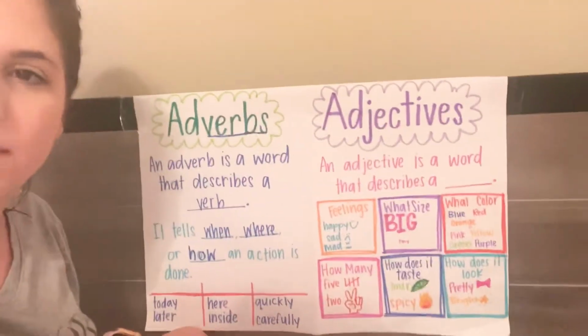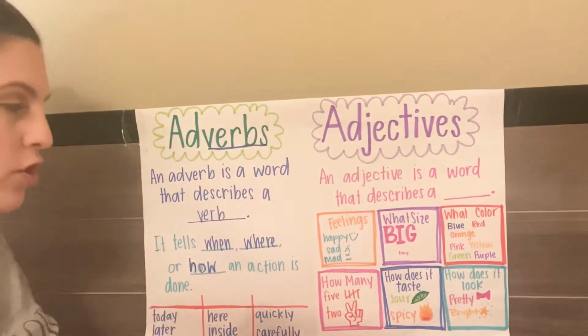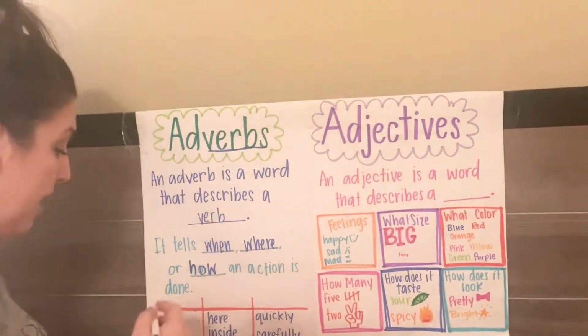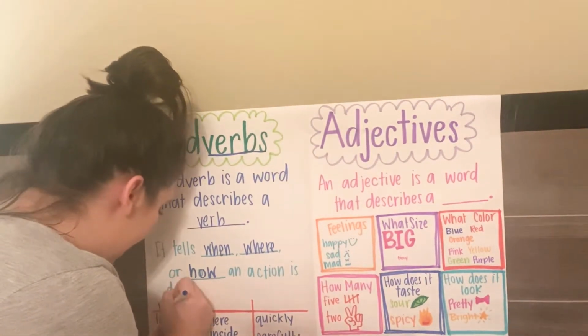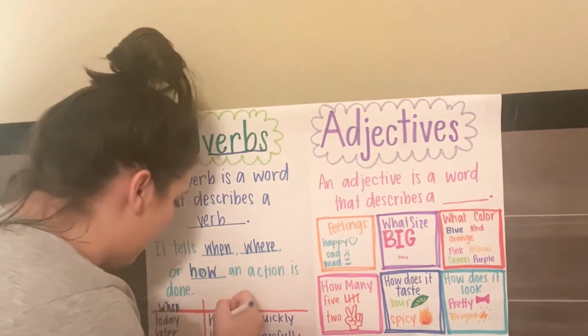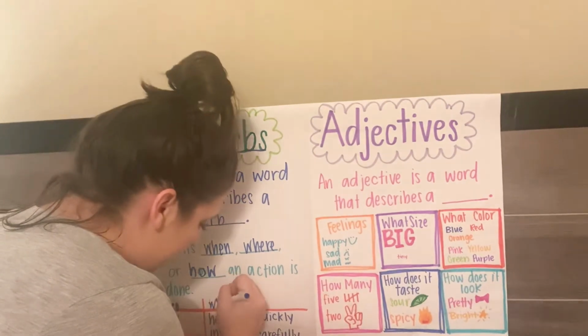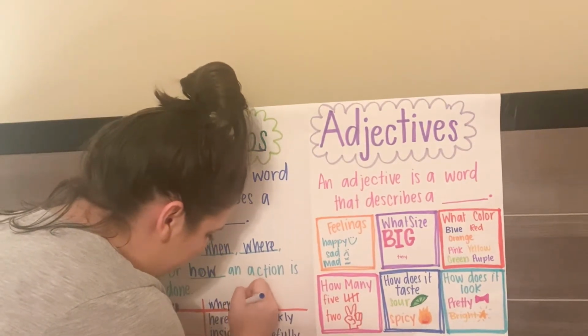I hope you guys are going to be able to read this stuff. Okay, so those are things it tells you: when, where, and how the action is done. And Miss Seward even has at the bottom of this, and if you can't see it really well now, you will be able to see it when I upload a picture of it.